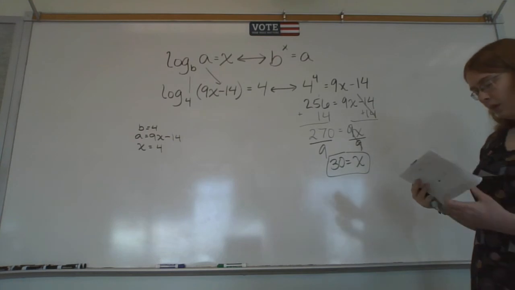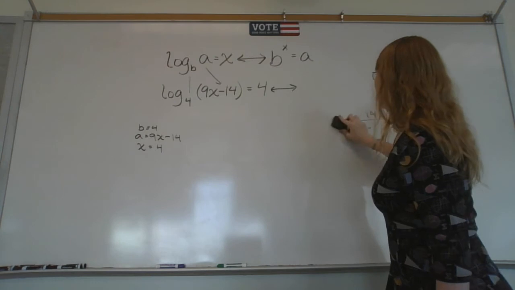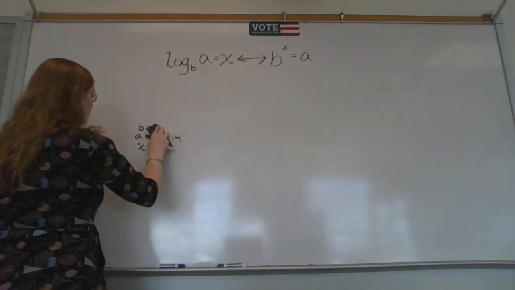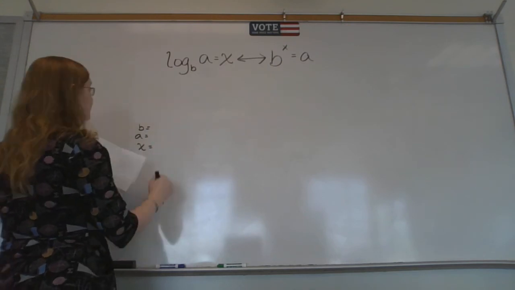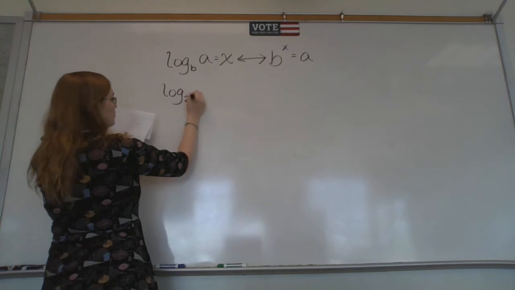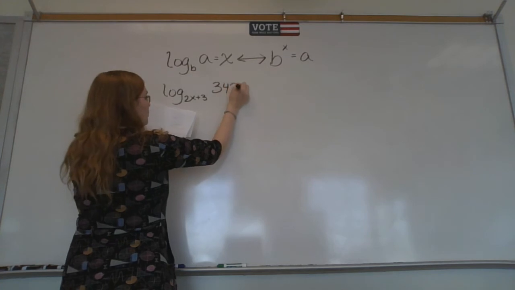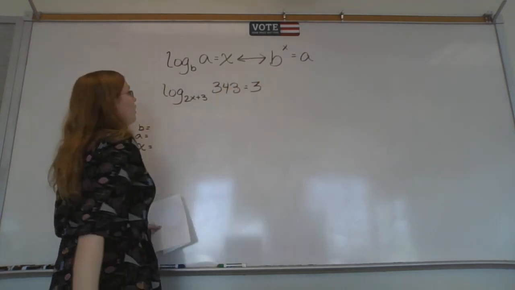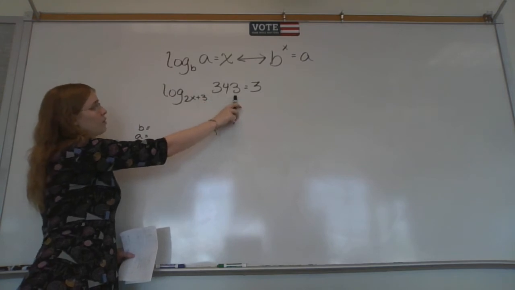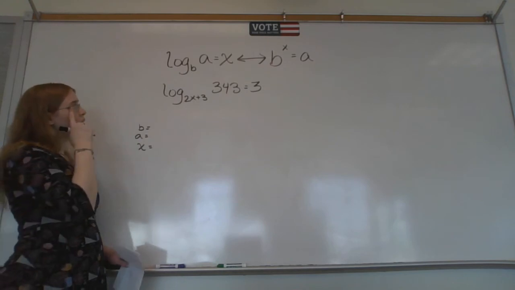Okay, let's do a couple more. All right, log base 2x plus 3 of 343 equals 3. Lots of 3's there.